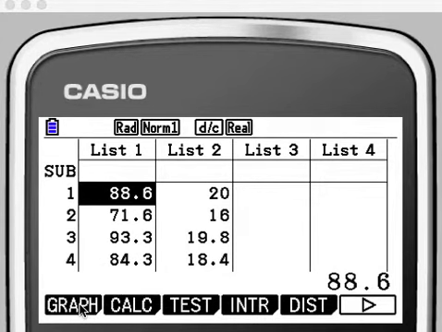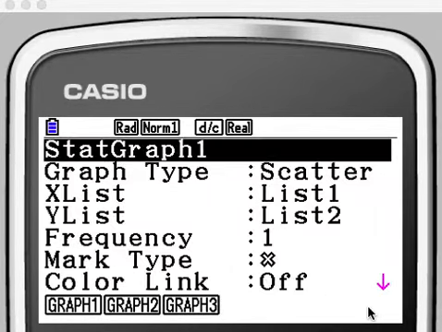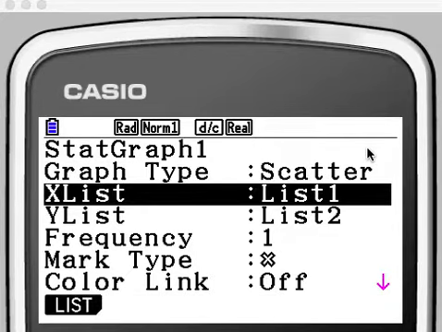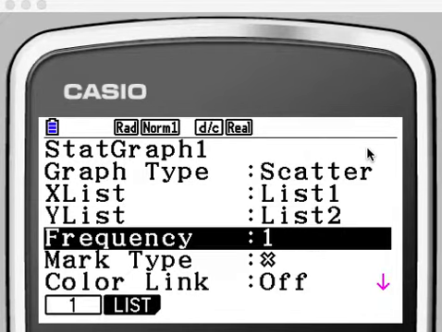And now I'm going to press the graph key. Before I continue, I want to make sure that the lists are correctly set. We're working with graph 1, which is this first option here. Notice that we're going to graph a scatter plot. That describes our data plot. We want to use list 1 as our X list and list 2 as our Y list. Those are all correctly set.